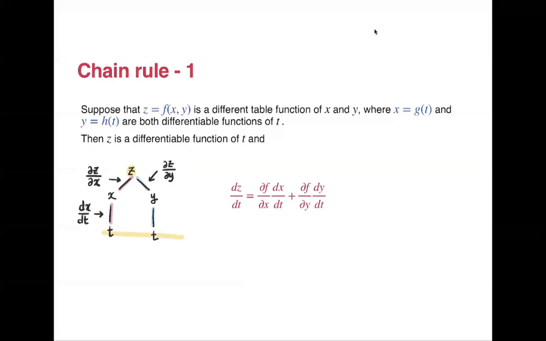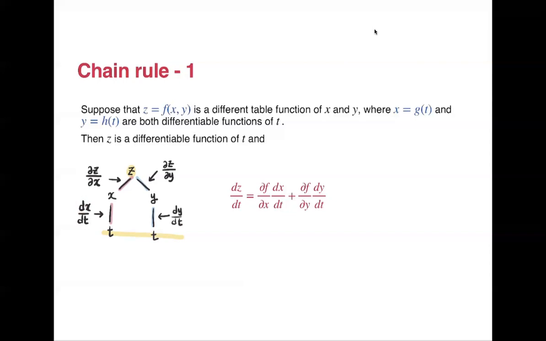The round notation is for a partial derivative, but this d is just a normal derivative. Here also we have dy/dt.